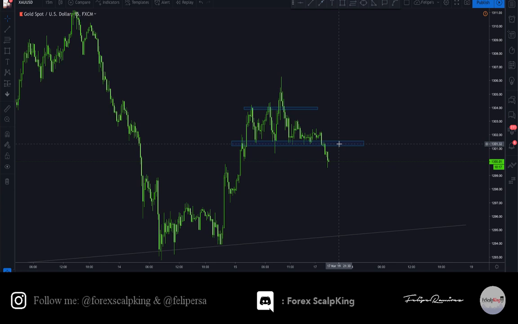I think it might just test 1301.30-ish, somewhere around this previous support. You can risk and sell now, but know for a fact that you might be in a drawdown. So don't get emotional, don't hesitate, wait for a nice setup.